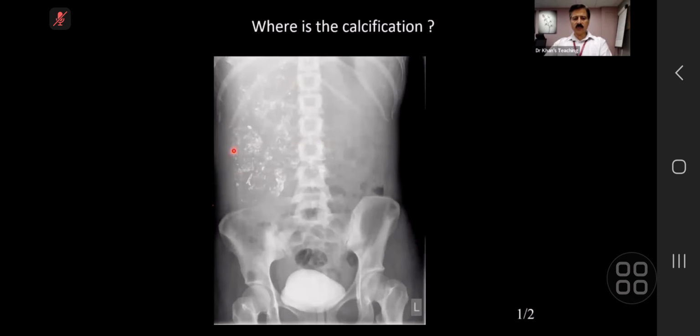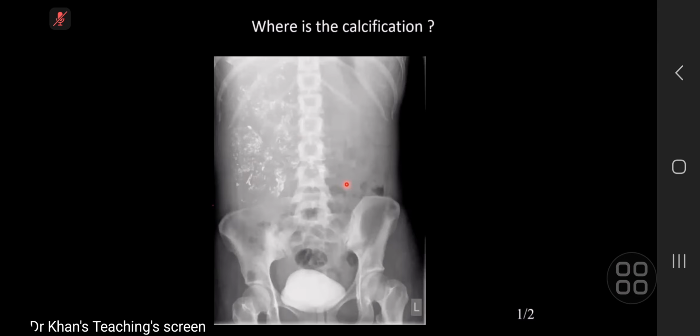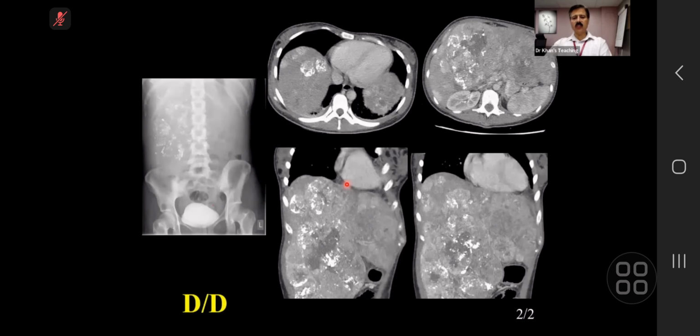Where do you think this calcification is? Okay, so this can be within the liver. Excellent. So this was within the liver, which is a very enlarged liver.